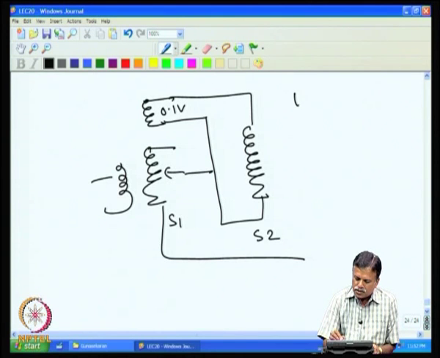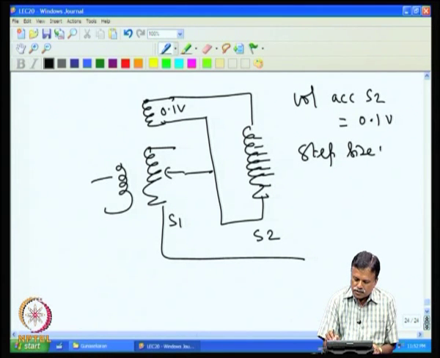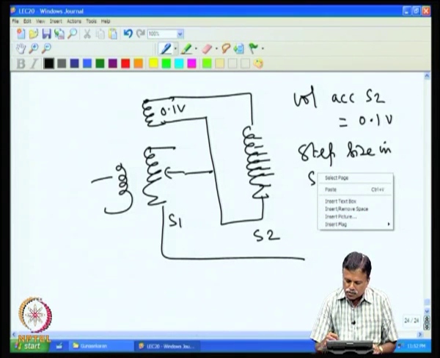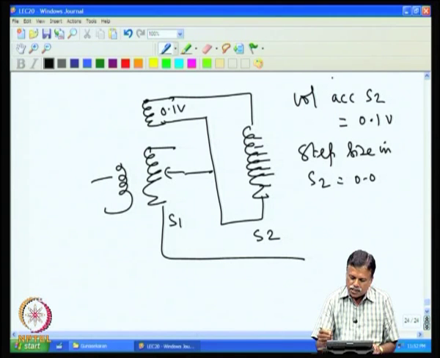So, voltage across S2 is 0.1 volt. There are 10 turns here, so the step size in S2 is 0.01 volt.